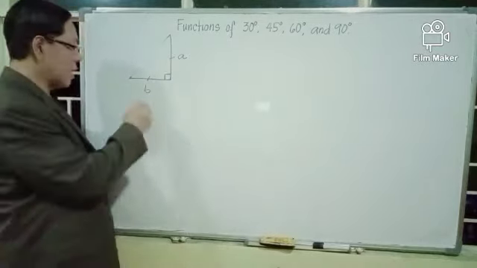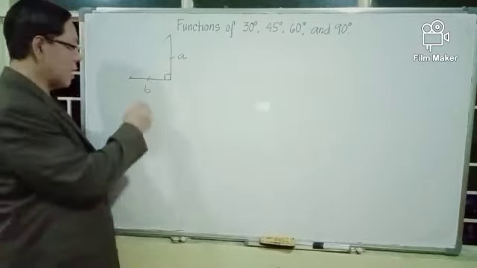45 degrees. Now, there is a property from geometry that if two sides of a triangle are congruent, then the angles opposite them are also congruent. The angle opposite side B is this angle.